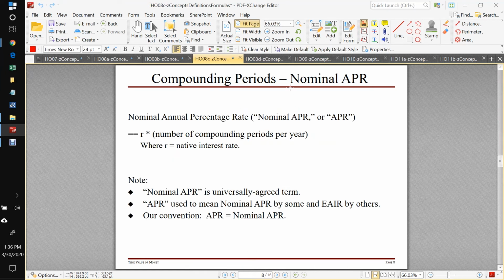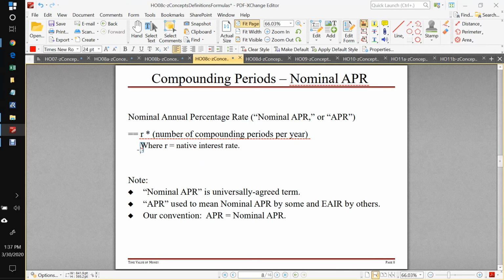And then we had to sadly bring the nominal APR into the mix because it's used to advertise many consumer loans, and also it's used in many bond examples. So what is our nominal APR? It stands for nominal annual percentage rate, and it's defined to be our native R times the number of compounding periods per year.